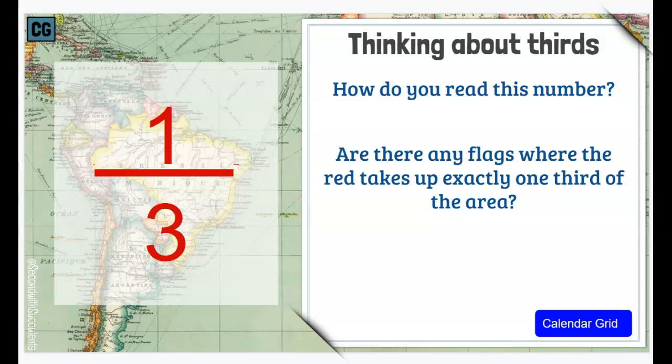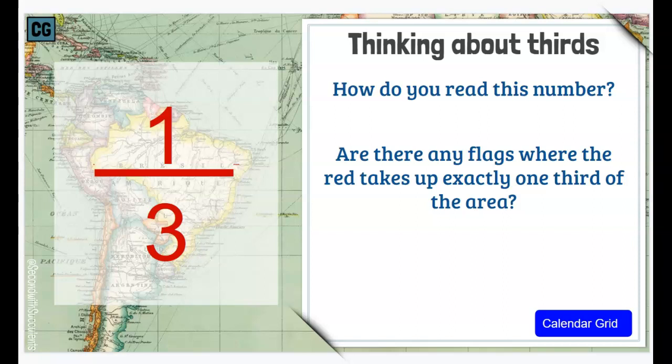How do you read this number? If you were thinking 1/3, that's really good thinking. 1/3 refers to the parts of an object that result from dividing the object into 3 equal parts.